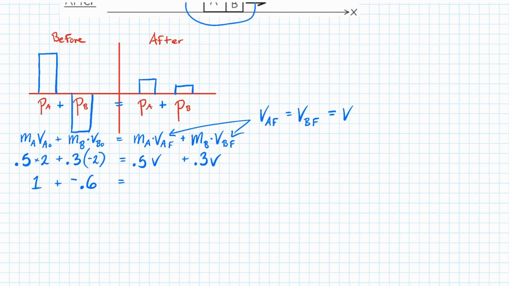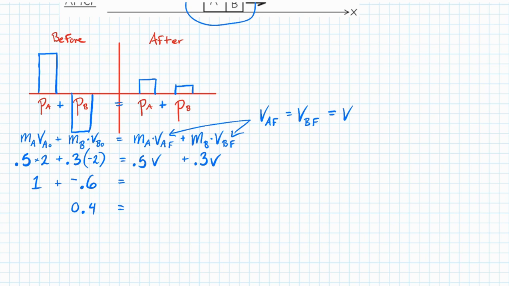All right, so 0.5 times 2 is 1. 0.3 times negative 2 is negative 0.6. So 1 minus 0.6 is going to give me 0.4. And then I can add 0.5v plus 0.3v just like you would if they were x's.